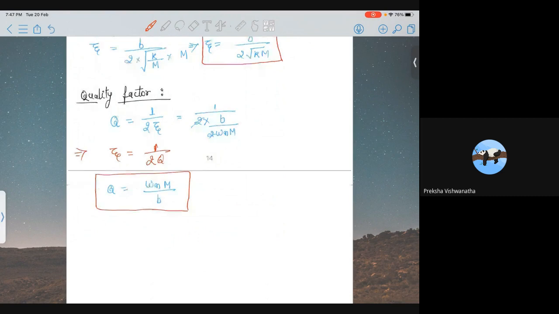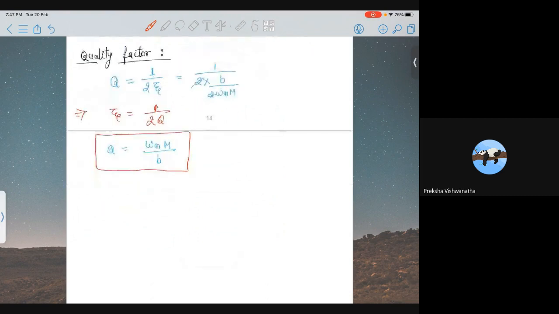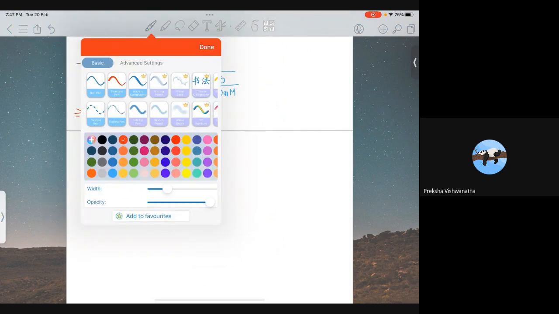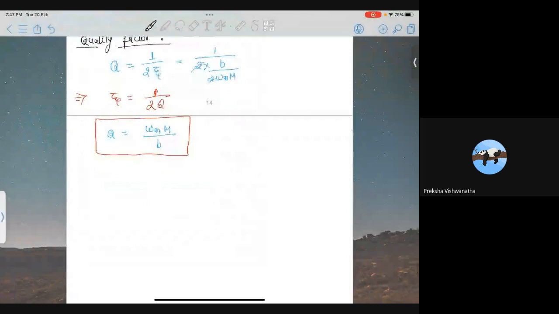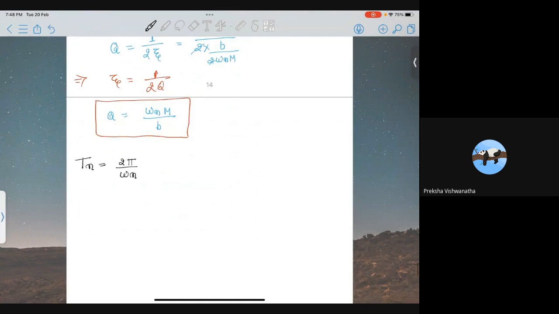Now if they ask what is the period of this natural frequency, what is the natural period, Tn, this is 2 pi by omega n.